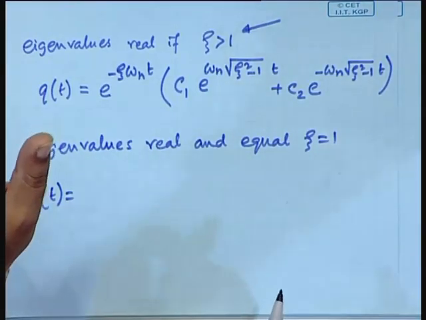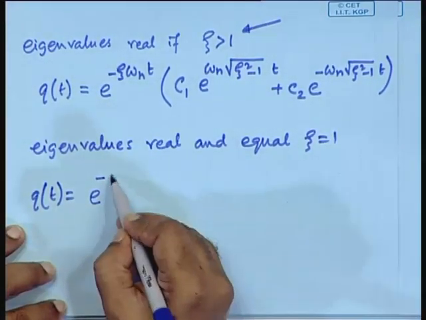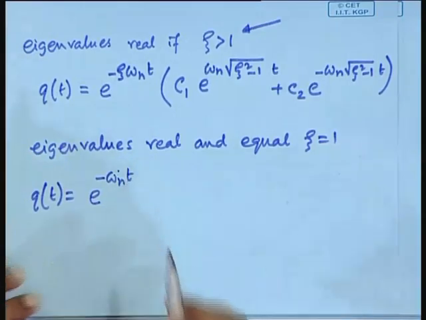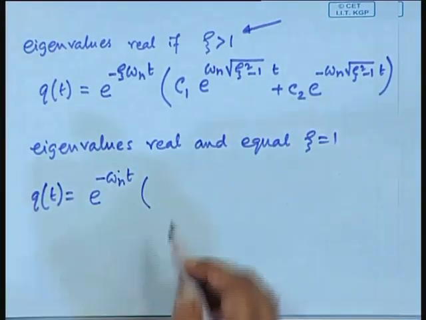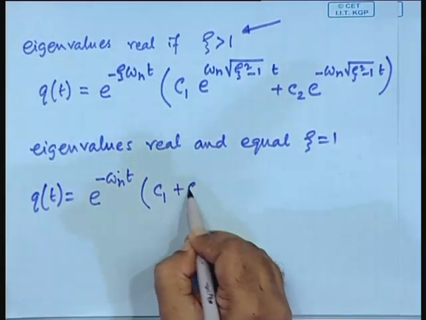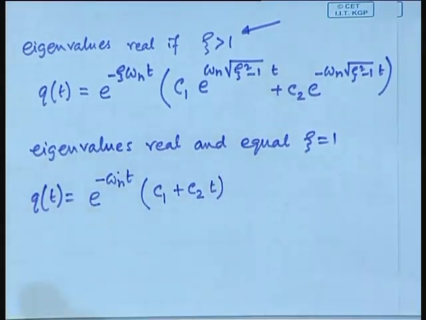One component is e to the power minus zeta omega n t times c 1 plus c 2 t. So, that will be the solution in that case.